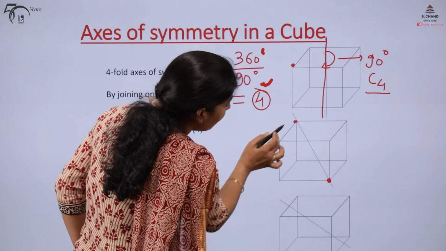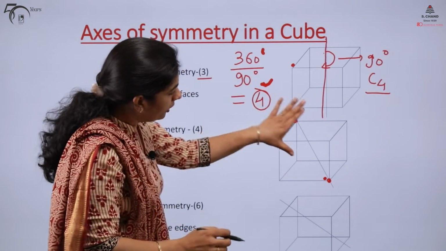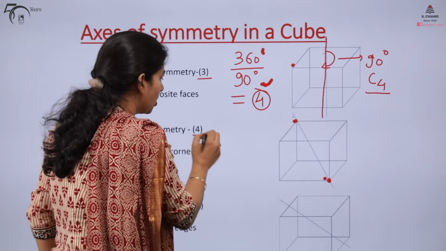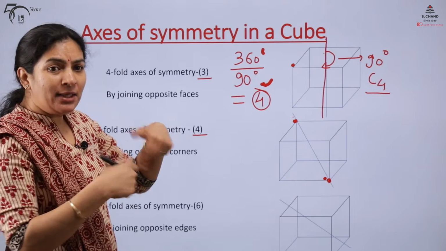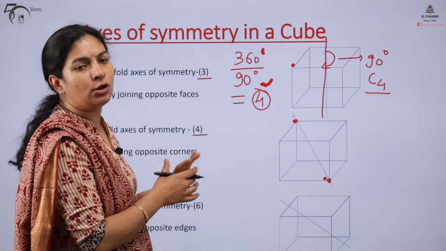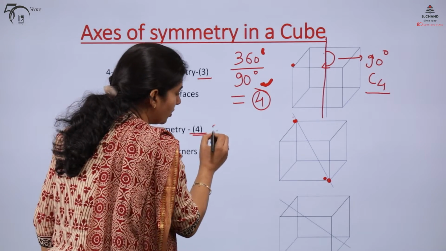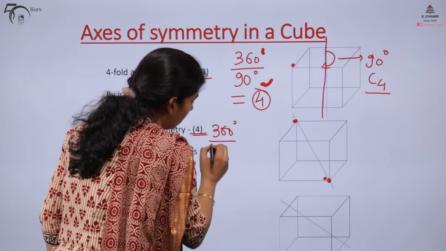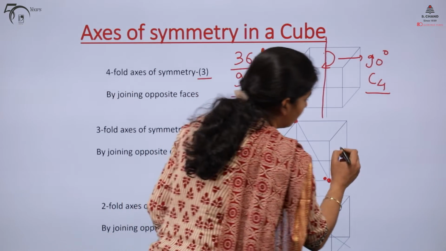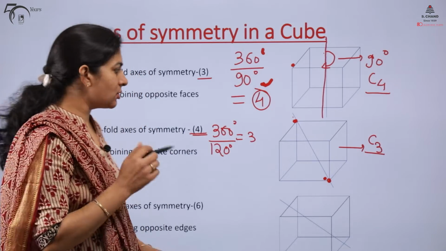So, the line joining this corner and this corner, if you rotate the cube along this axis via 120 degrees, you will find the identical arrangement of this cube. So, 360 divided by 120, you will get 3. So, this axis is C3, a threefold axis of symmetry.